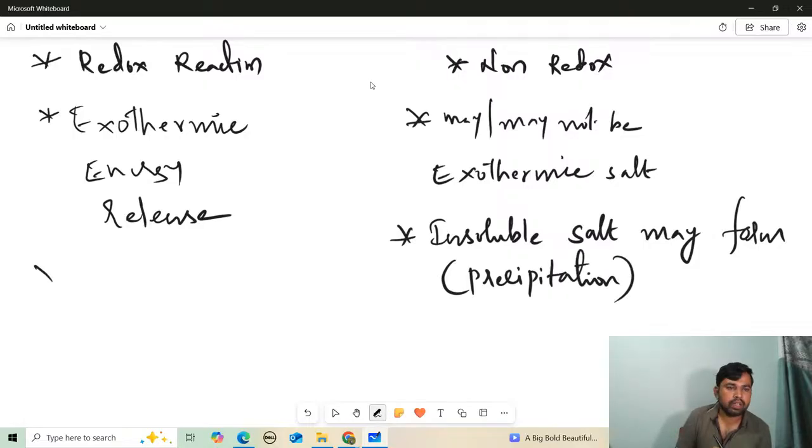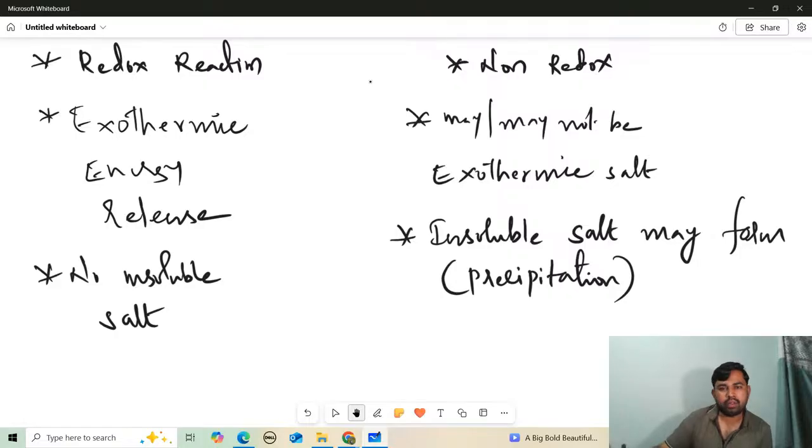Otherwise, no insoluble salt forms. Any difference we can write as we wish, if you want to write an increased number of points.